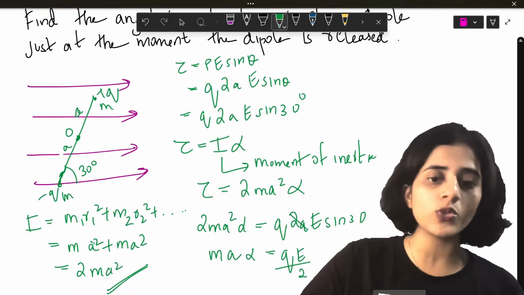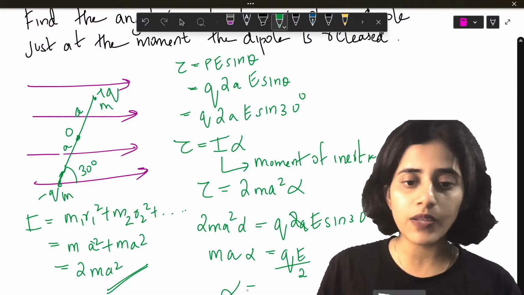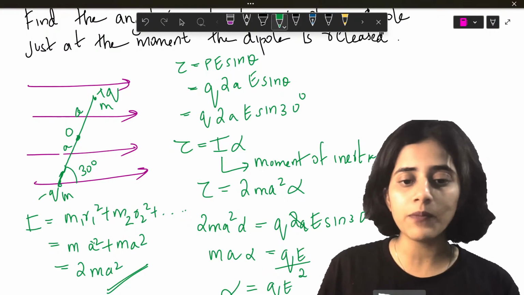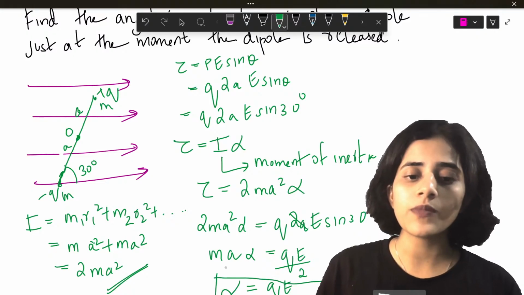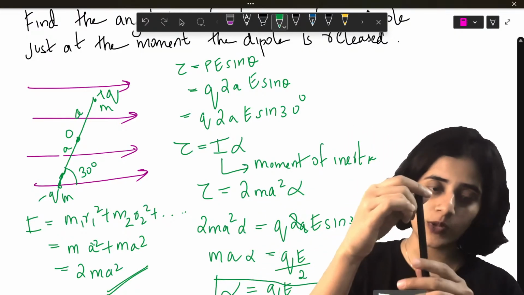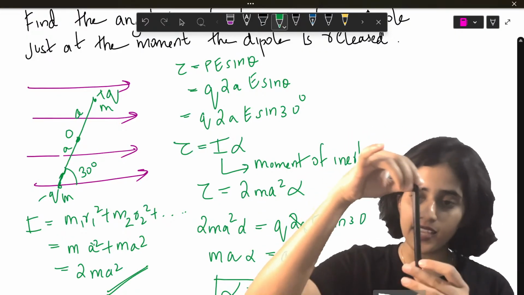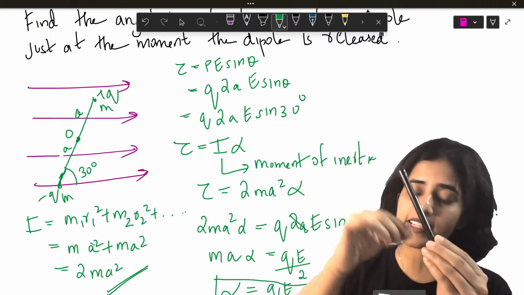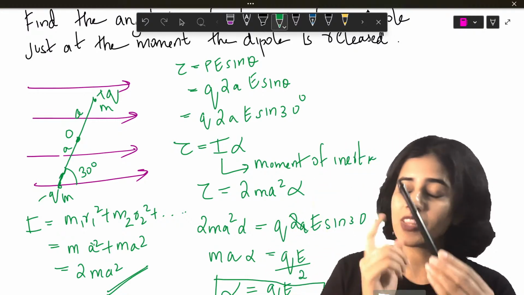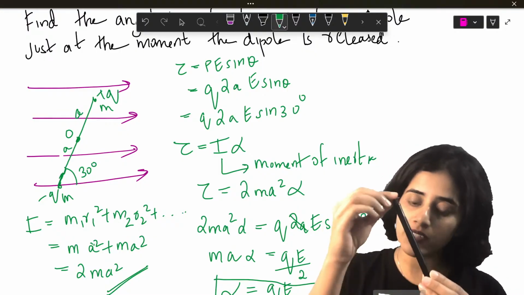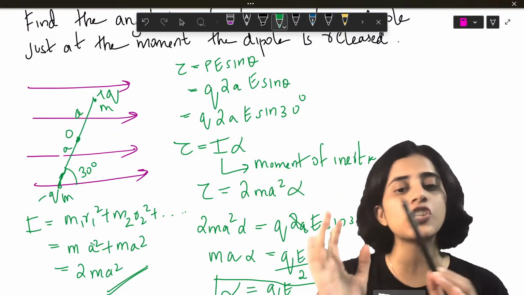So QE by 2. So alpha will be QE divided by 2ma. Okay. So this is the acceleration immediately when the dipole is released. As it moves, the angle keeps on changing. Only when the angle theta is 30, you get alpha is QE by 2ma. So the moment it is released, the acceleration is QE by 2ma.